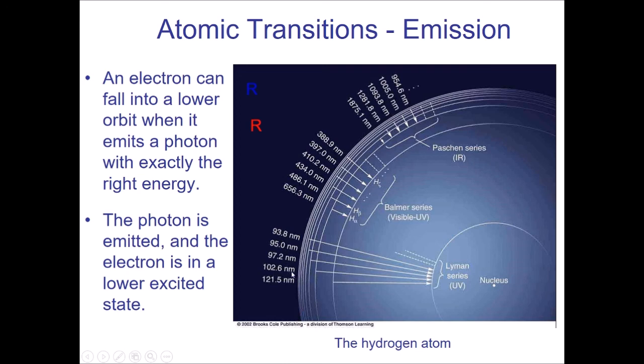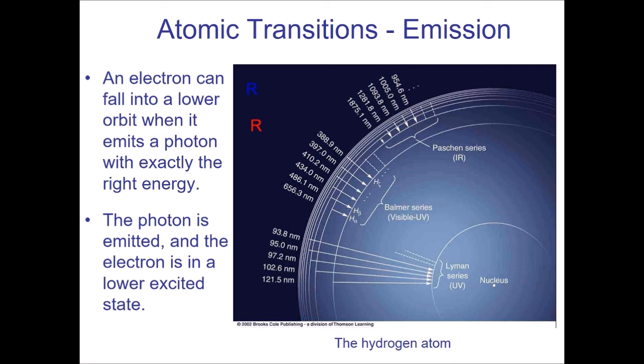It's 102.6 nanometers. How exactly does it go back down? Well, I mentioned it's spontaneous, that's true. But what's also spontaneous is how it goes down. Does it have to go back down to 1? No. It goes back down to any allowable state. So being at level 3, it can go to 2 or it can go to 1.